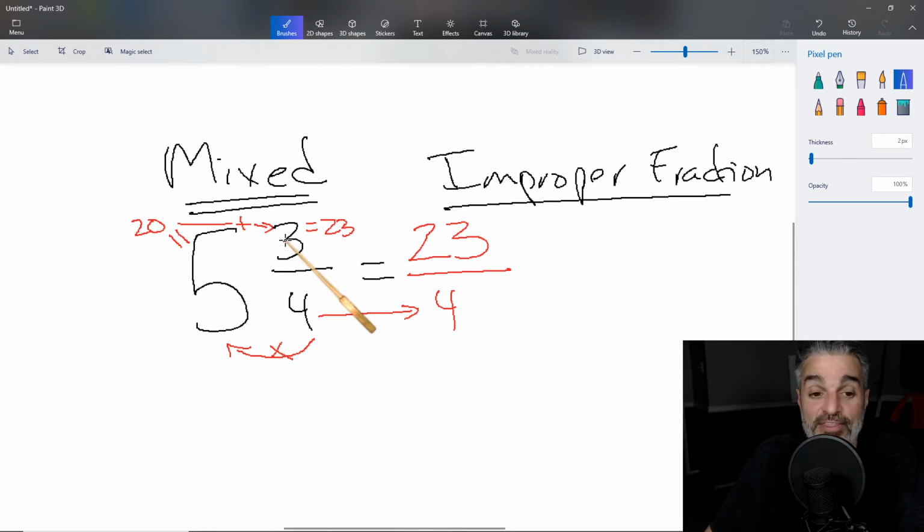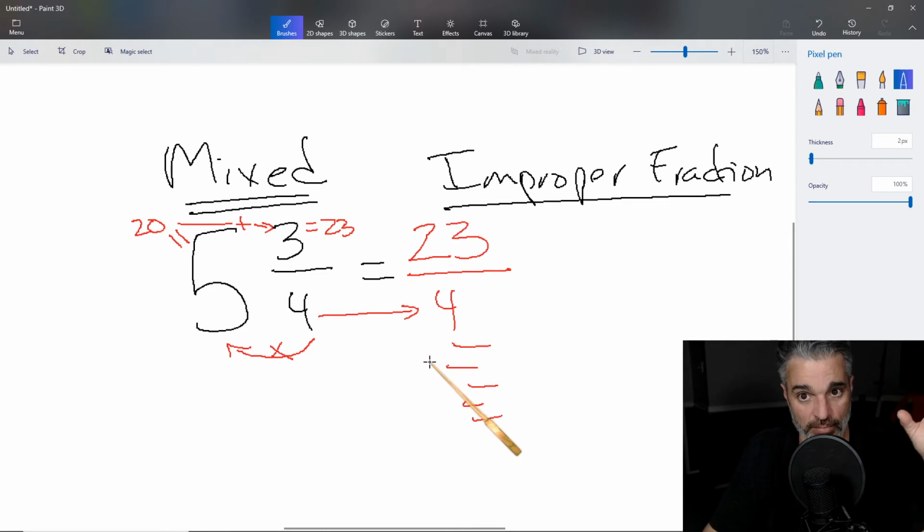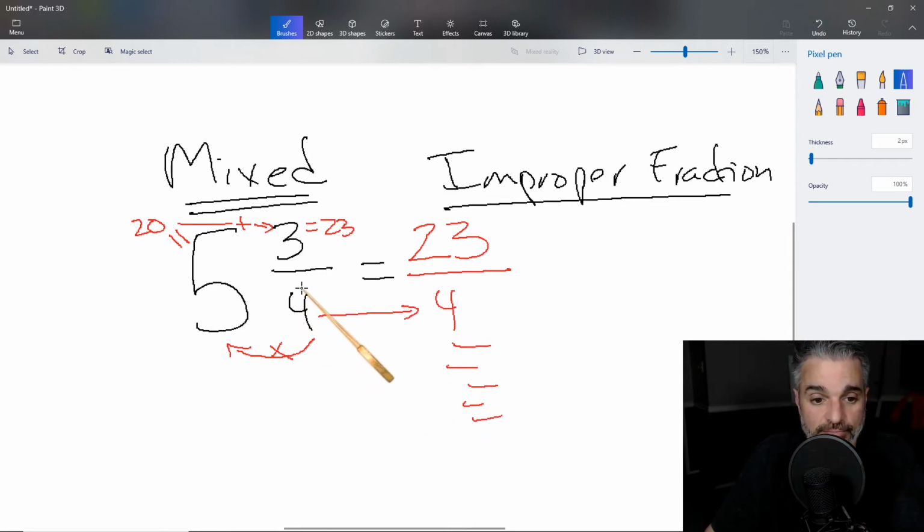So 5 and 3/4 equals 23 over 4. This is the improper fraction. This is how we change from mixed numbers to improper fractions. Denominator times whole, and to the result you add the numerator. Okay, 23 over 4. Good.